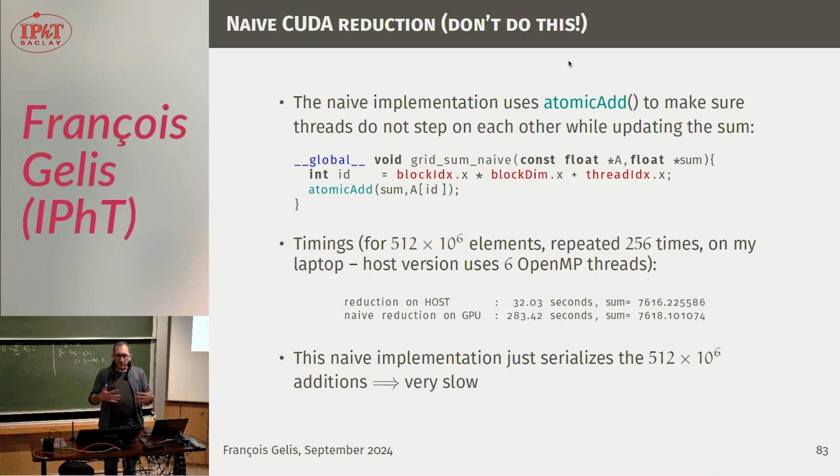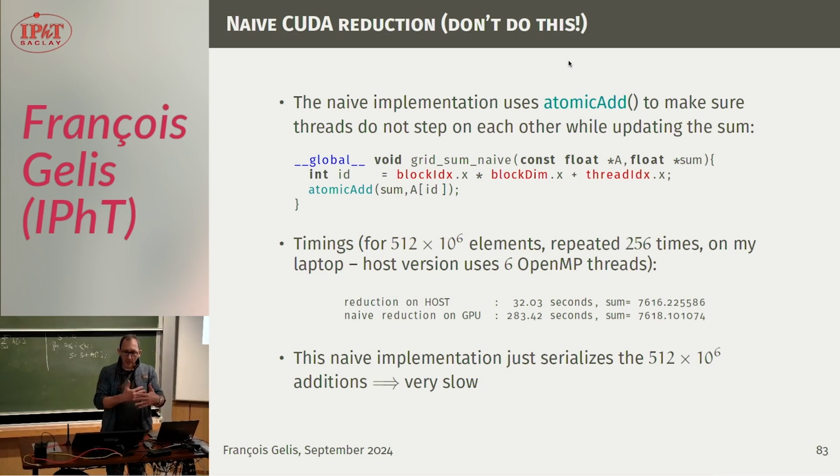So if your array has 1 million entries, you call this kernel with 1 million threads, and each thread will add its own little value to the sum, but in a way which cannot interfere with the others. So I tested that algorithm on my laptop. I took a large array with 512 million elements.